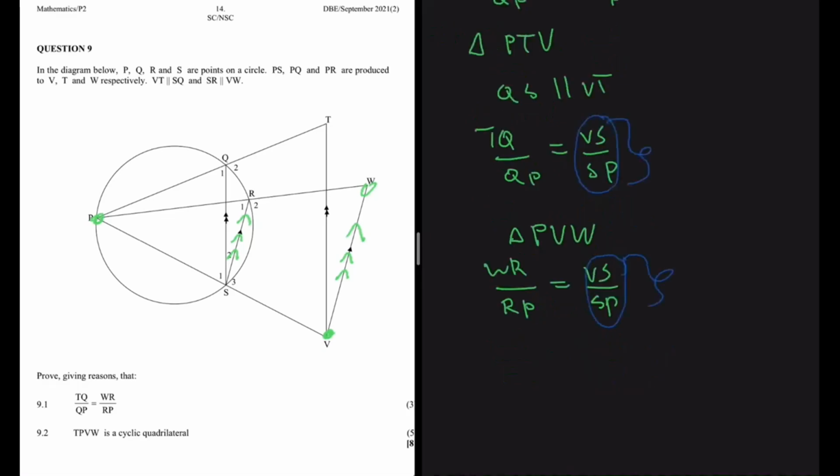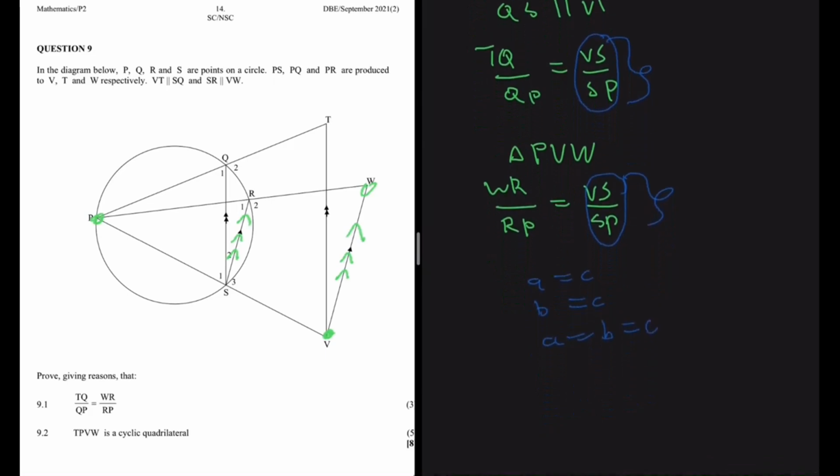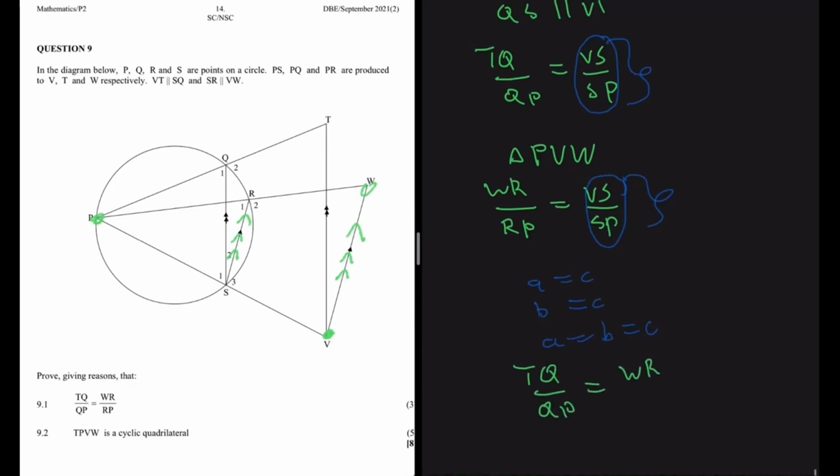We know fully well that if A is equal to C and B is also equal to C, then A and B are equal to each other because they are both equal to C. So if we apply the same idea here, we're now saying that TQ divided by QP is equal to WR divided by RP. Why are we saying that? They are both equal to VS divided by SP, and we have proved what we are required to prove.